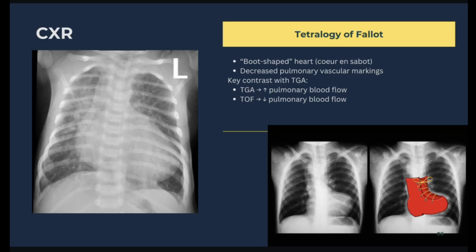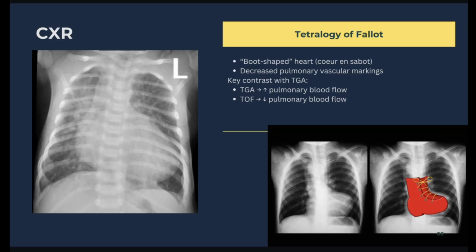If anyone's willing to name a few of them, that would be great. Good revision too. Someone mentioned septal defect. Yes. Overriding aorta. Excellent. Pulmonary stenosis. Brilliant. And VSD.